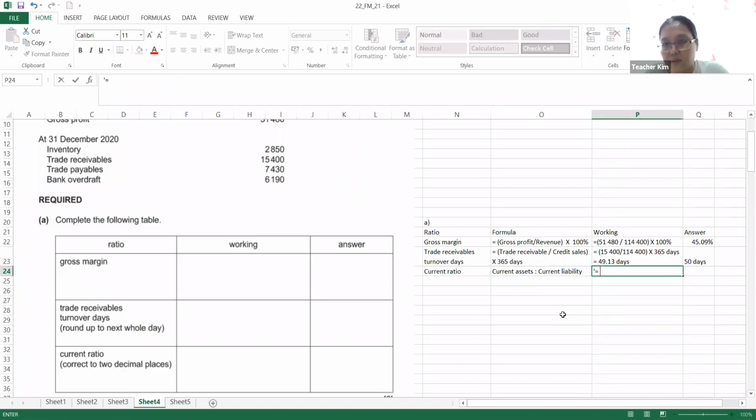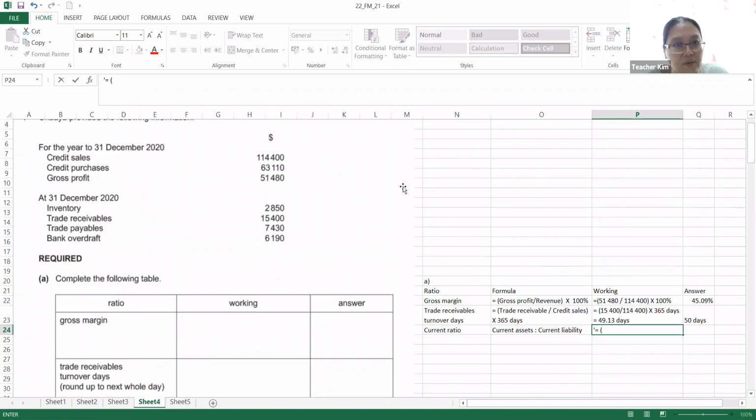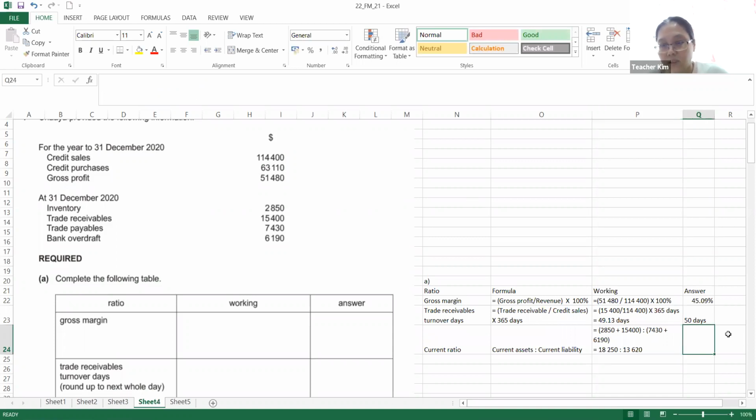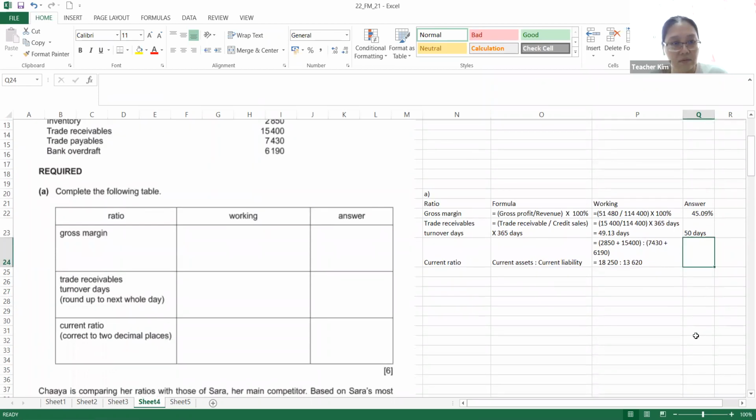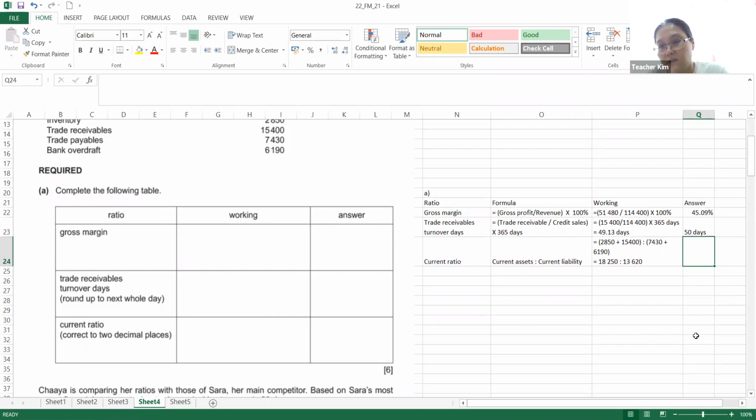So here our current assets, we have 2850 plus 15400 plus 7430 plus 6190 to 18250, and current liabilities 13620. So based on the working, we calculate 18250 divided by 13620.